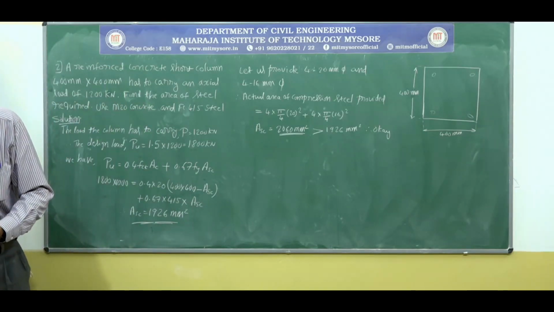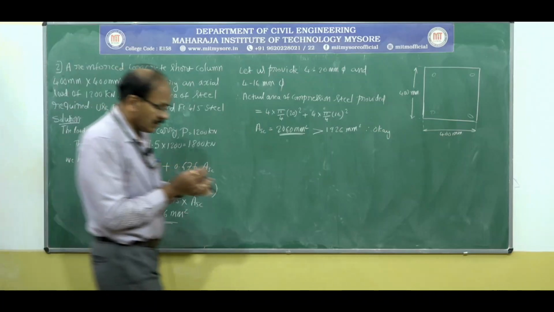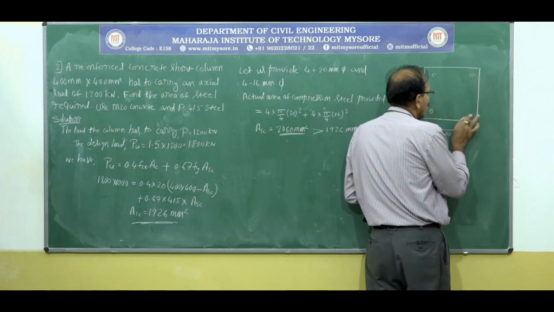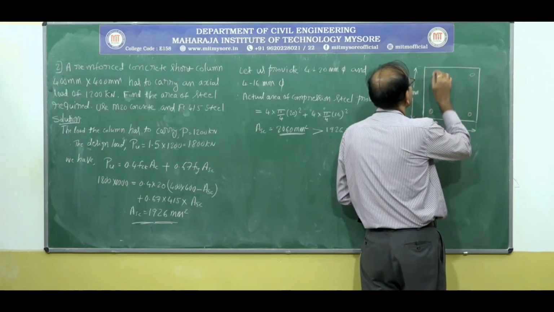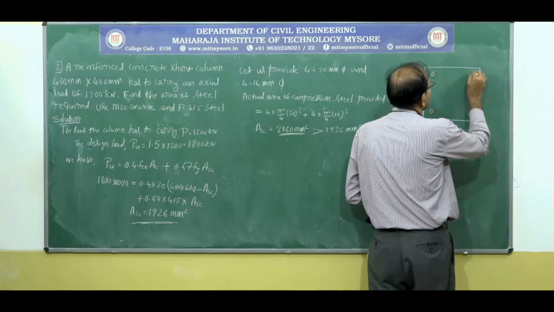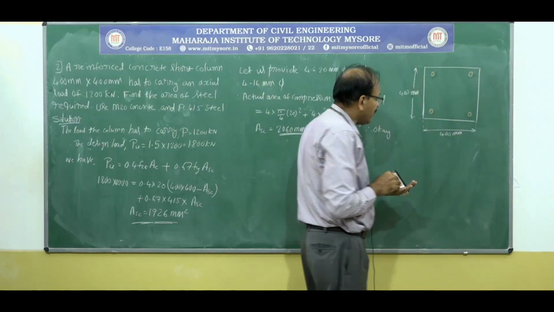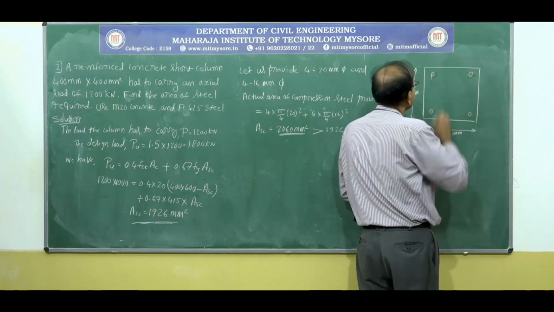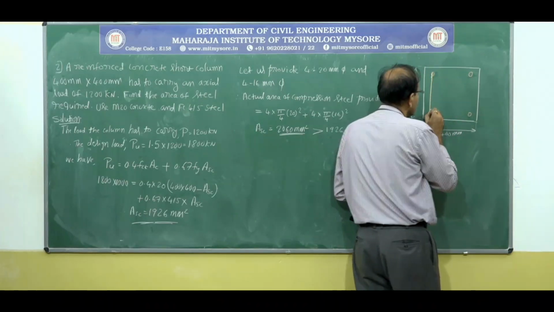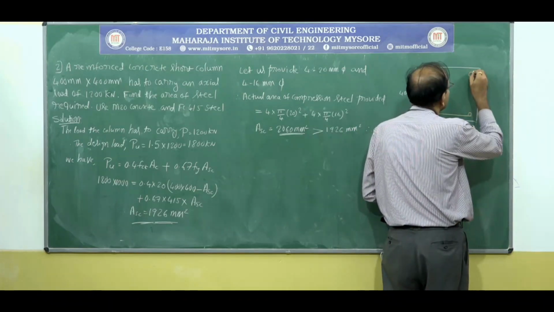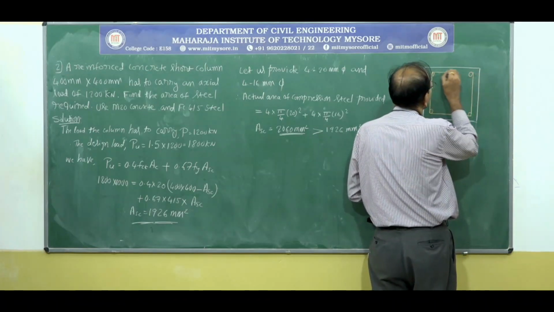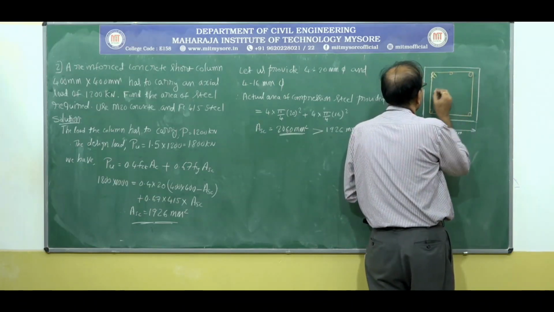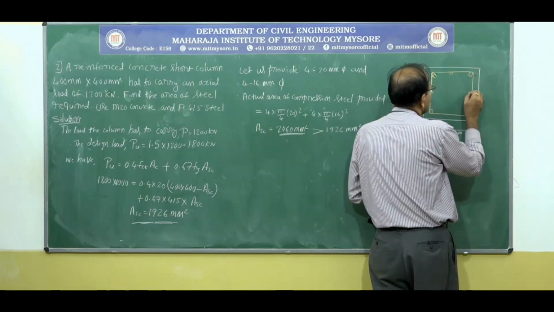So here at the corner I am going to provide 4 bars of 20 mm diameter, that is 4 bars of 20 mm dia, and here I am going to provide another 4 bars of 16 mm dia.